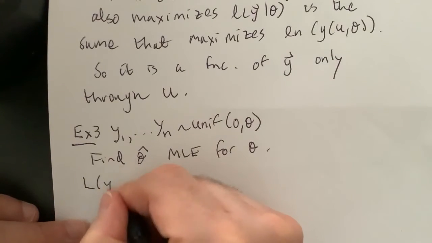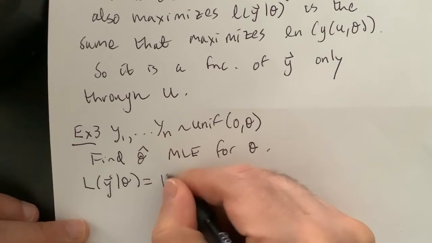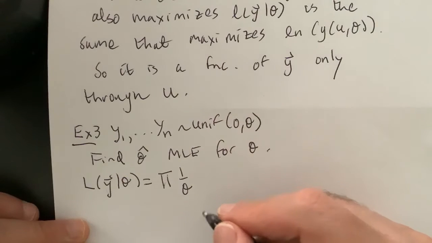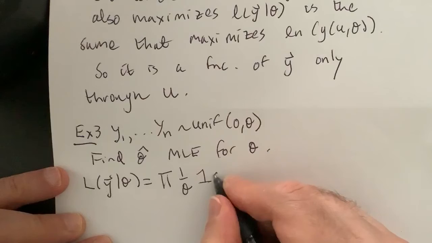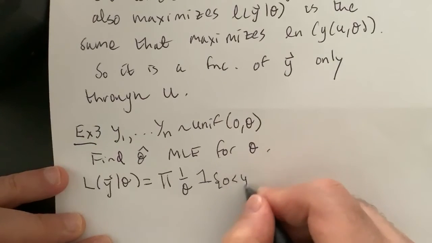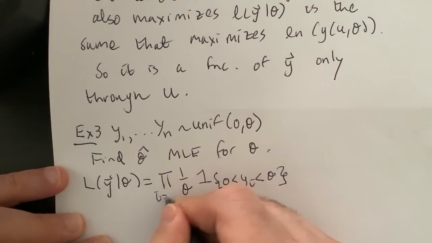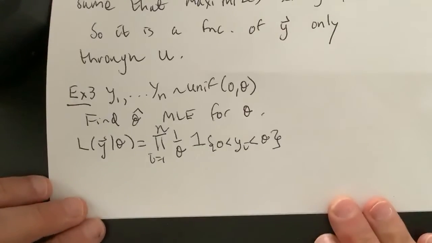L is the product of 1 over theta, times the indicator.